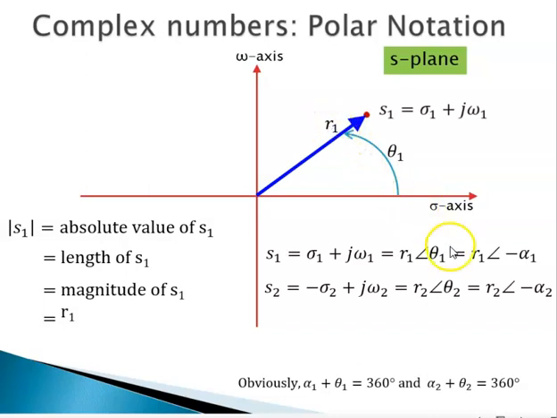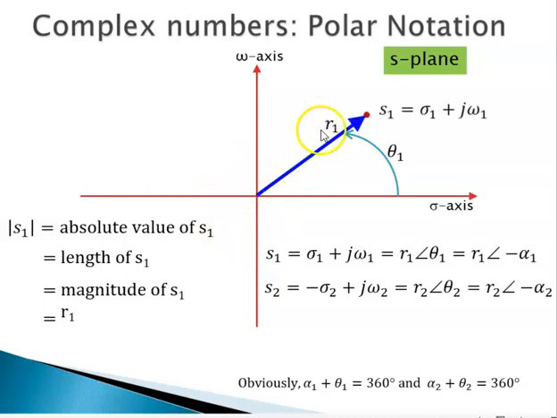So r1 at an angle of theta 1 is the complex number sigma 1 plus j omega 1, where this symbol stands for at an angle. Similarly, r2 at an angle theta 2, or r1 at an angle minus alpha 1. This whole angle is minus alpha 1.